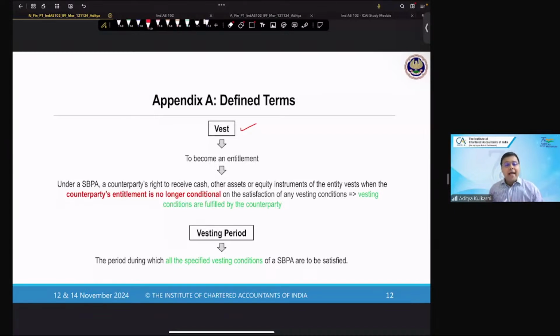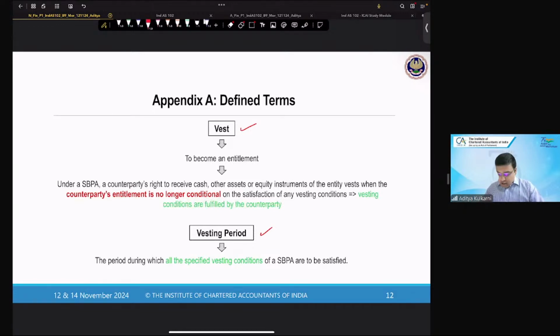So you become entitled to those options after a period of 2 years, and that 2 years is called a vesting period. Vest means, suppose I leave the organization before the options vest, that means I'm not entitled to the options. So when I retire or when I resign, I will not be getting those employee stock options.